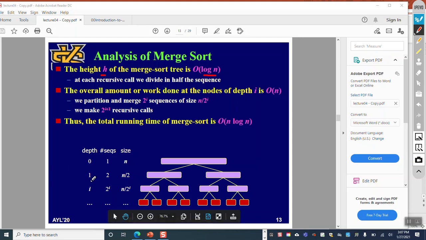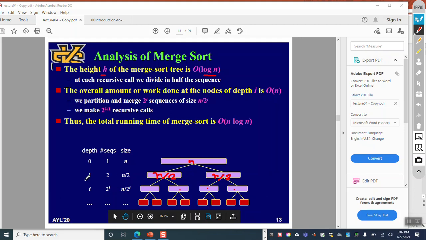Okay, this is size n, and this is n by 2, and this part is n by 2. This part is n by 4, this part is n by 4, this part is n by 4, and this part n by 4.